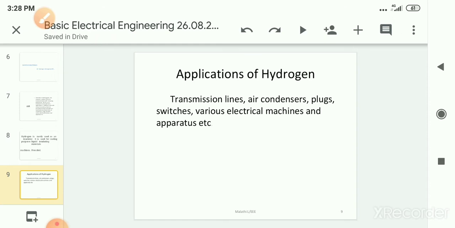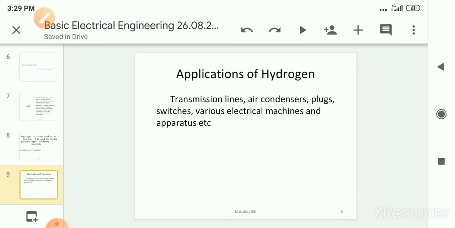Its dielectric strength is 2.5 to 4.5 kV per mm. Liquid hydrogen reduces the resistivity of copper. And hydrogen is a deoxidizing agent, hence it reacts with an oxide coating formed on a surface to form water.